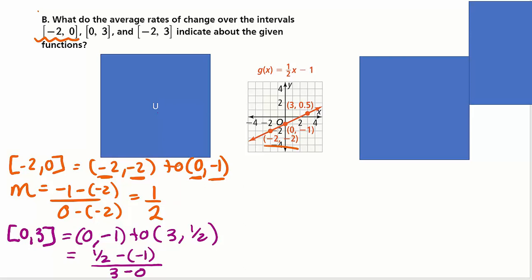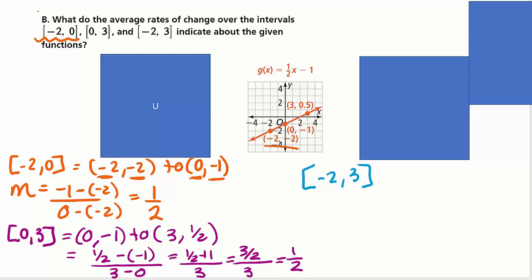So if we take the minus sign and the negative, that's going to become 1/2 plus 1 over 3. So 1.5 over 3, which is the same as 3 over 2 over 3, which simplifies to be 1/2. And the last interval is -2 to 3.